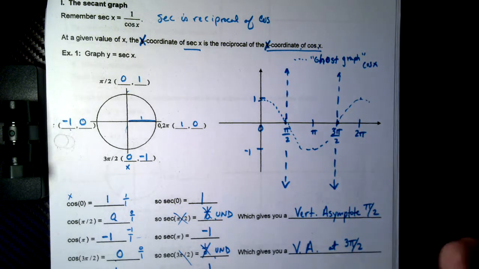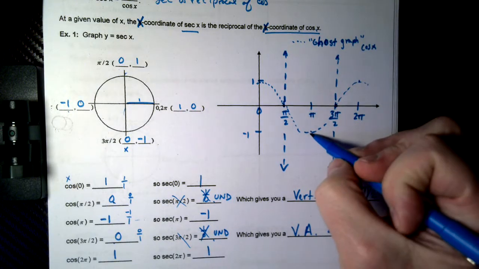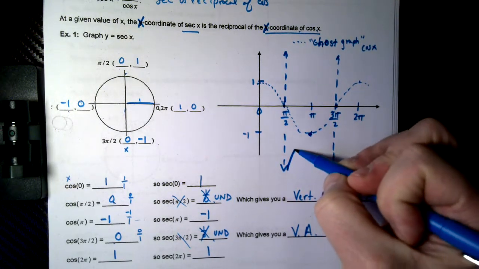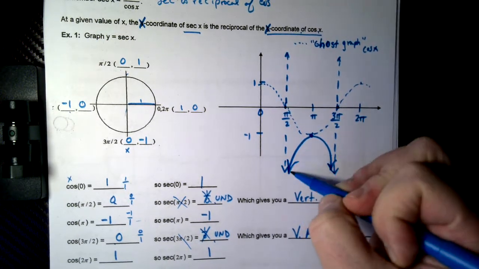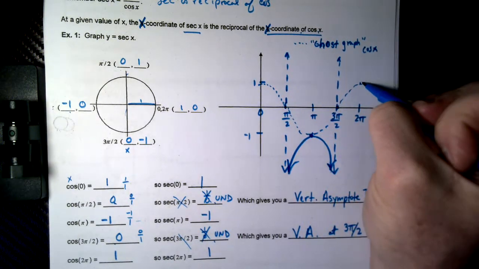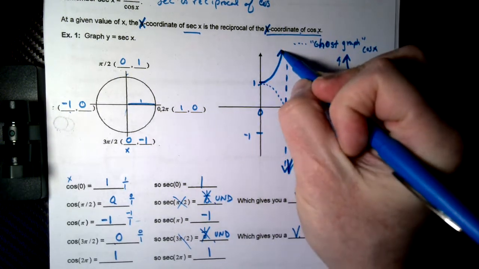Okay. Now the dotted line isn't technically the graph. The secant graph is upside down from these curves. So the secant graph has this upside down curve here, and then it has just half of one here and half of one here.